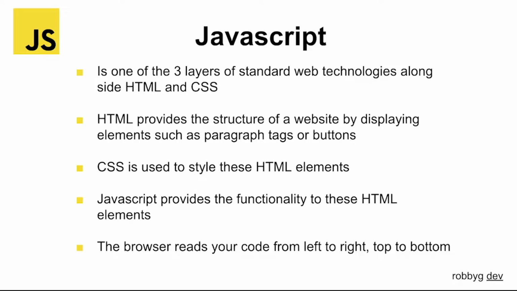Before we dive into learning JavaScript though, an important thing to understand is how the browser reads your code. So when the browser encounters a block of JavaScript code, it generally reads it in order from left to right, top to bottom. This is important as you need to be careful what order you put things in when you're writing your code.